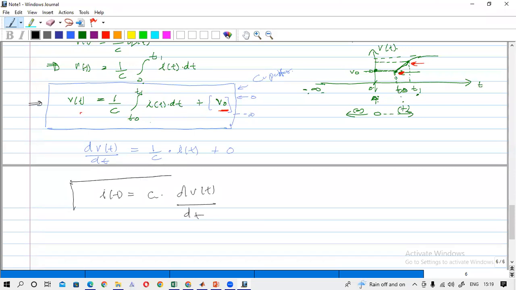So these two expressions you can use to characterize a capacitor totally. Okay, so is it okay up to this level?